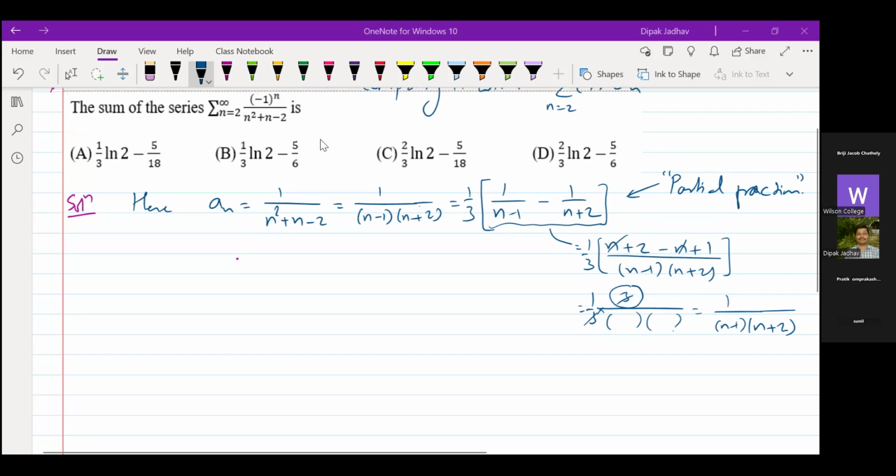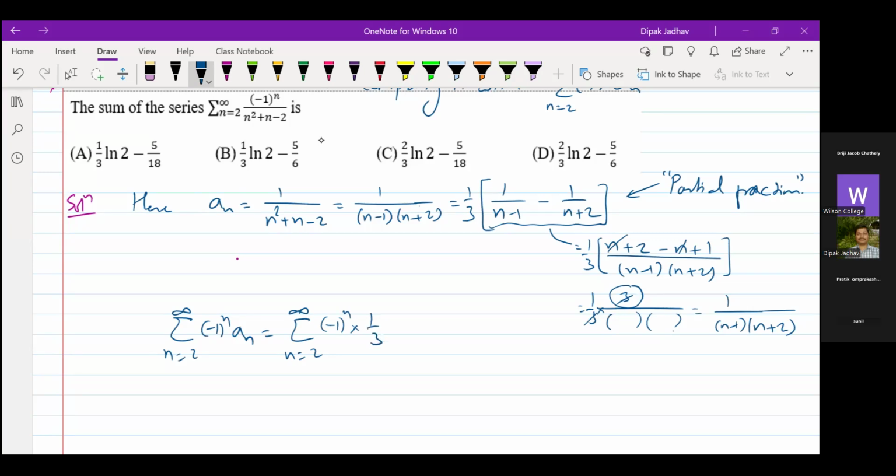Okay, so then I want summation n from 2 to infinity minus 1 raised to n times a_n. So that is summation n from 2 to infinity minus 1 raised to n times this partial fraction. Because a_n we have split up with the help of partial fraction into two fractions.